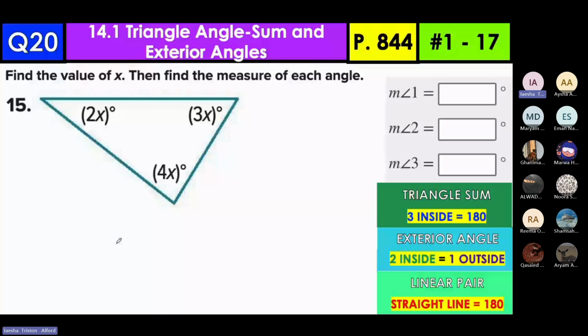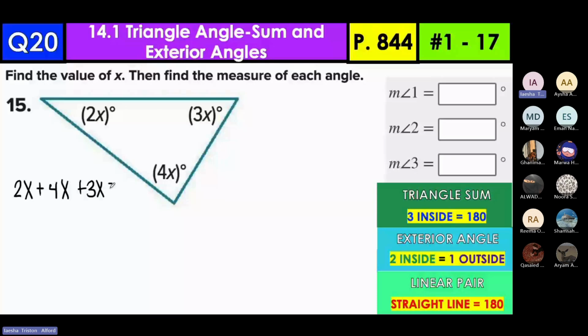This one, triangle sum, right? You have 3 inside. So 2x plus 2x plus 4x plus 3x equal 180.